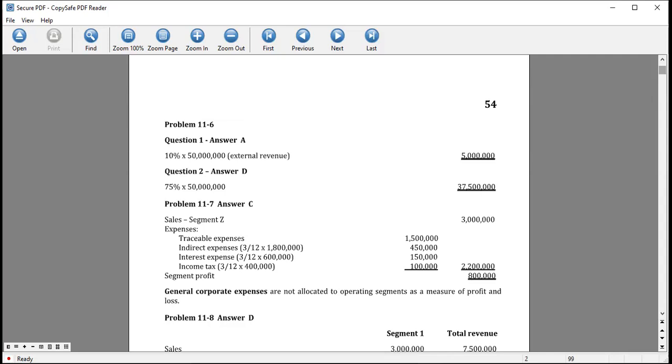Next, 11-6 with two questions. Question number 1. The combined total assets of all operating segments at year-end amounted to 45 million. The company is subject to the requirements of segment reporting.